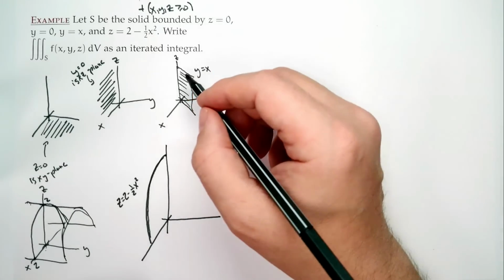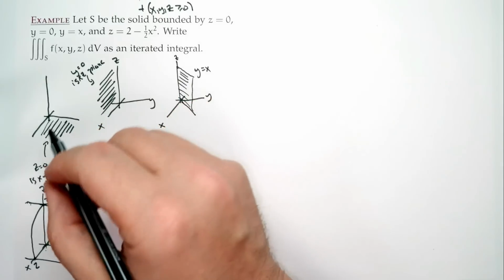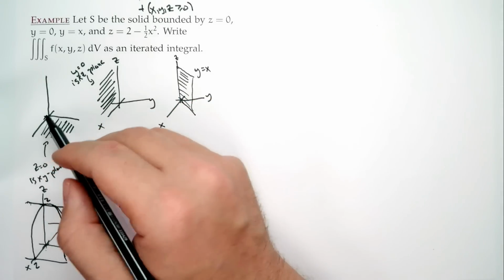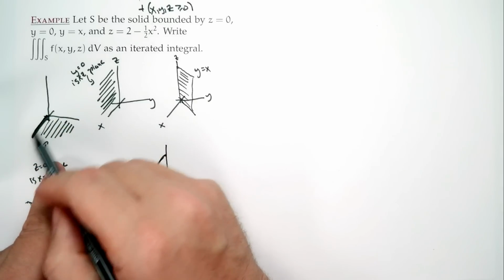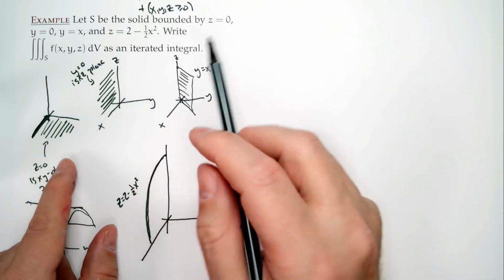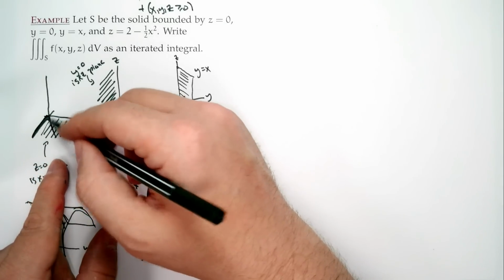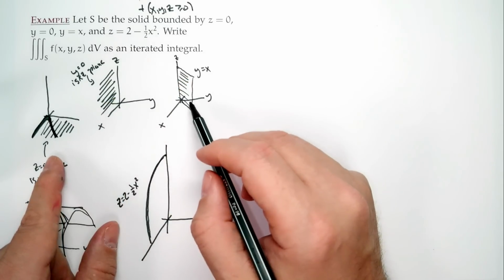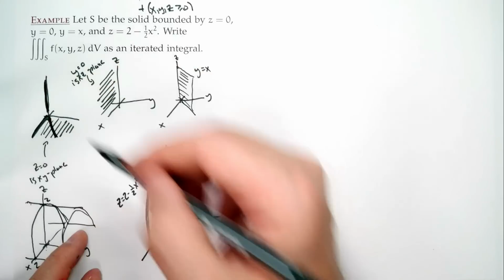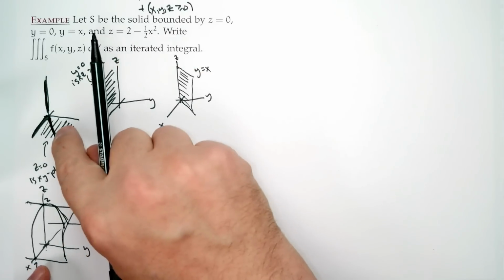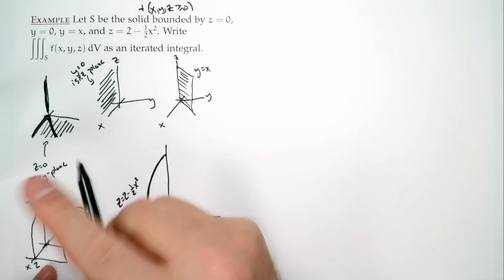But where do our curves intersect? We can actually mark them all. There's going to be an intersection between these two. They intersect on the x-axis. Between these two, they intersect on the line y equals x. Between these two, they intersect here. Between these two, where do these two intersect?